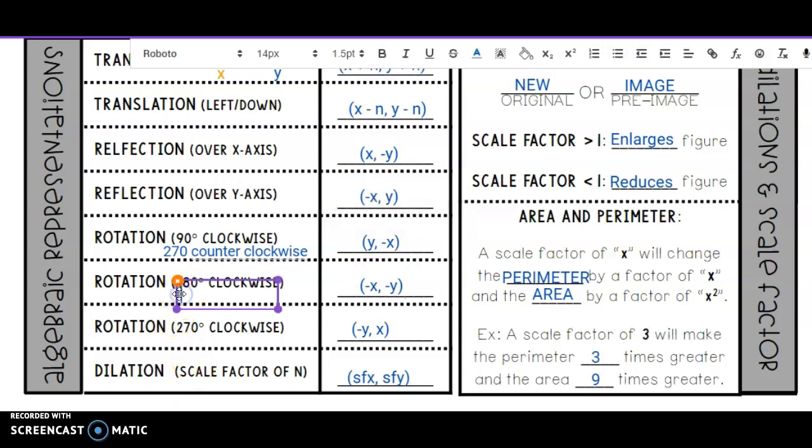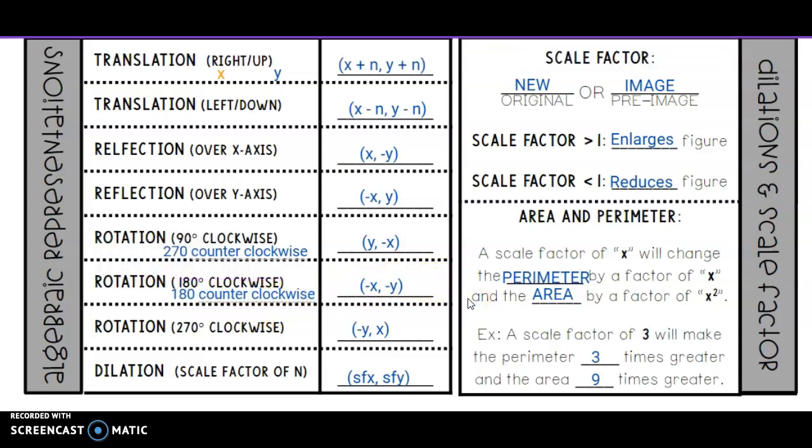A 180-degree clockwise is the same as a 180-degree counterclockwise. And your algebraic rule is negative. So the x and the y stay in the same spot, but they become their opposites.